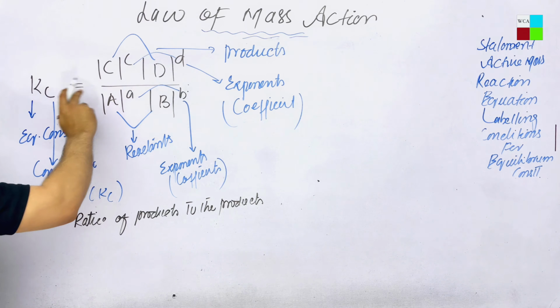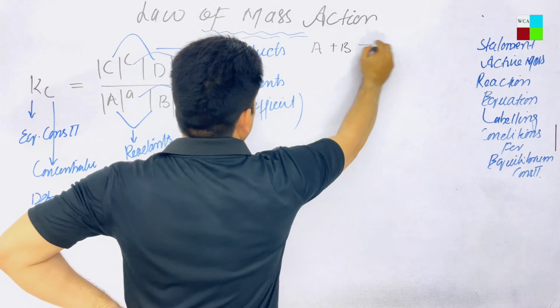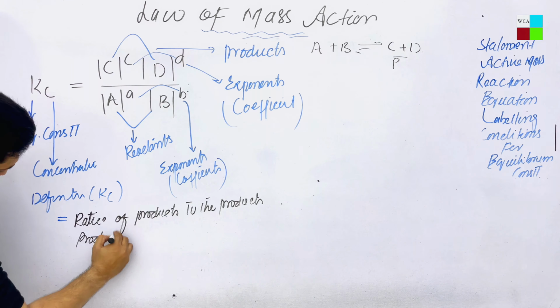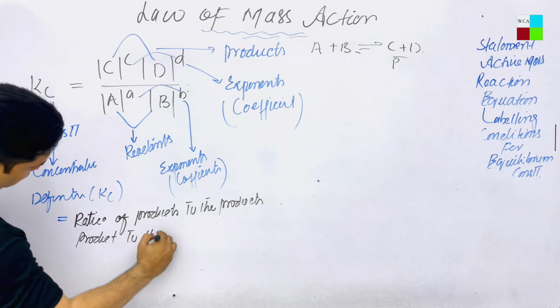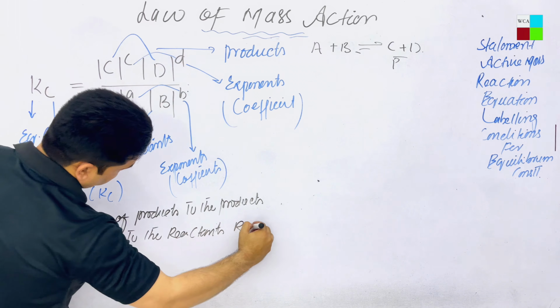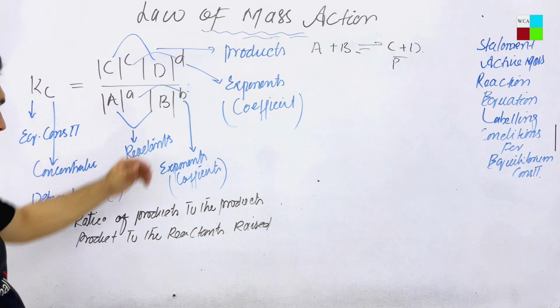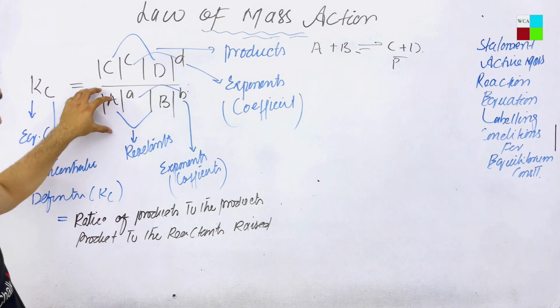But in fact these were the species products in the chemical reaction, C plus D. So it is the ratio of product to the product, product to the reactants. Now that is the product of products, and in the denominator we have the product of the reactants.